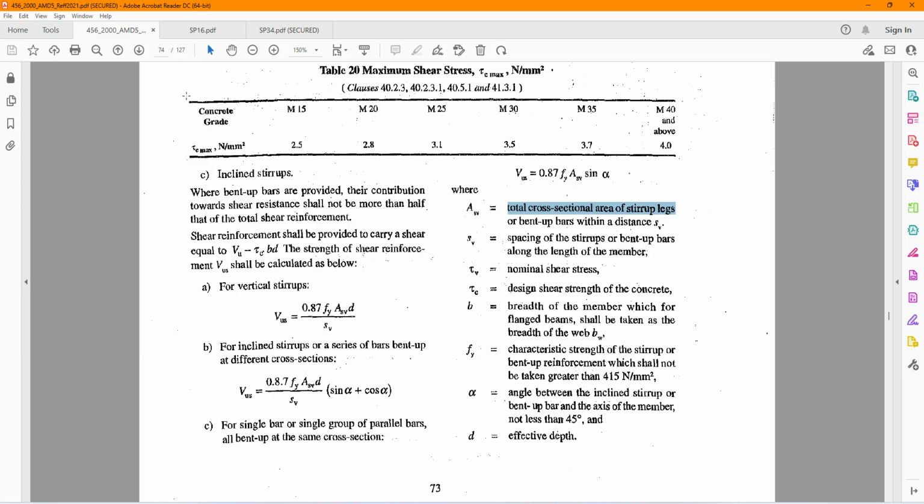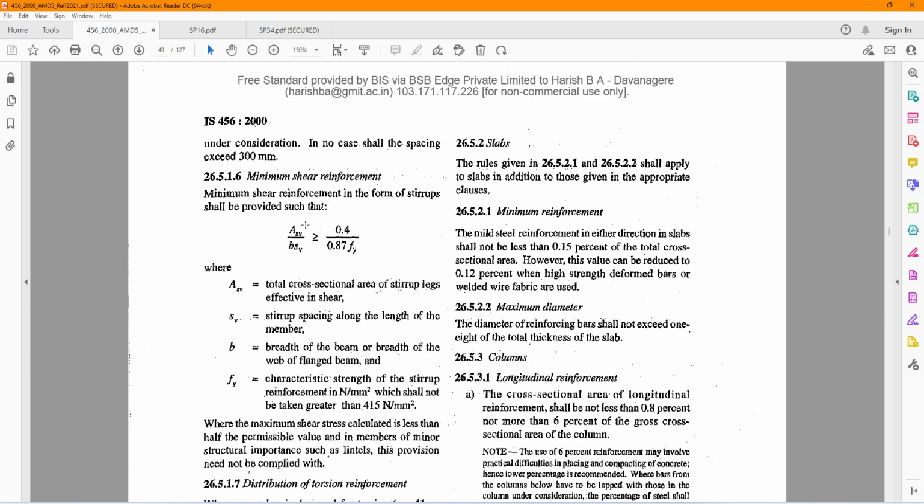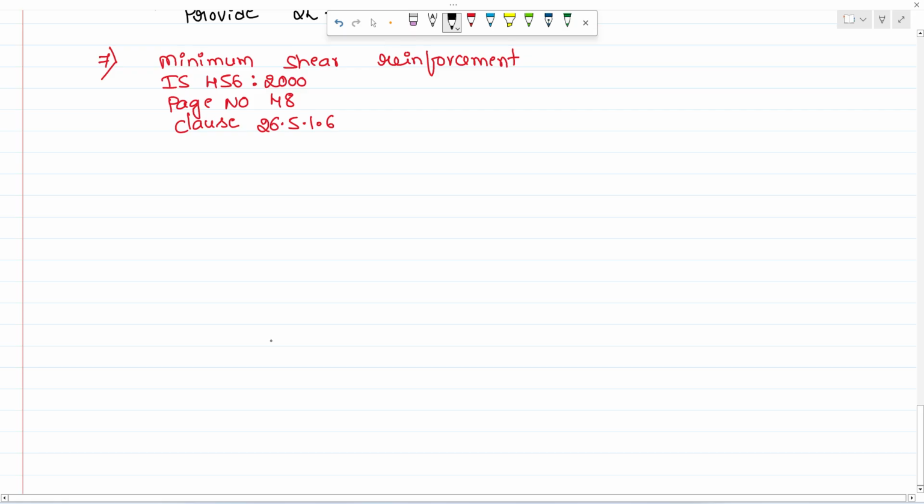So page number 48, clause 26.5.1.6, minimum shear reinforcement. Minimum shear reinforcement in the form of stirrups shall be provided such that ASV divided by B SV greater than or equal to 0.4 divided by 0.87 Fy. So you just copy the formula.